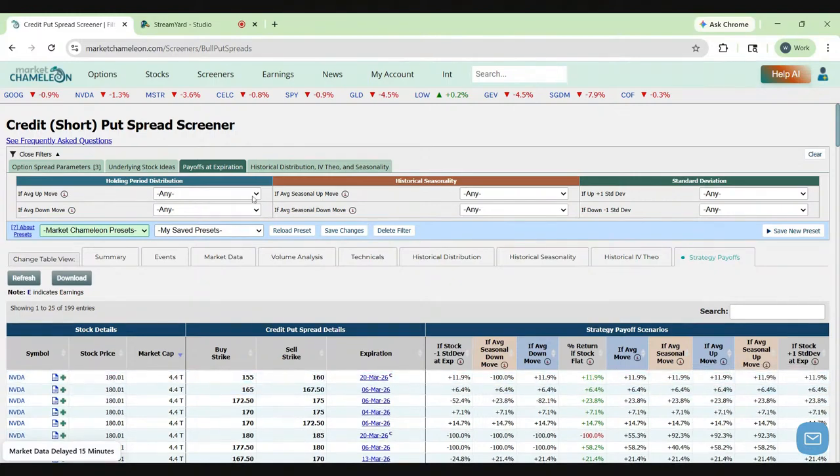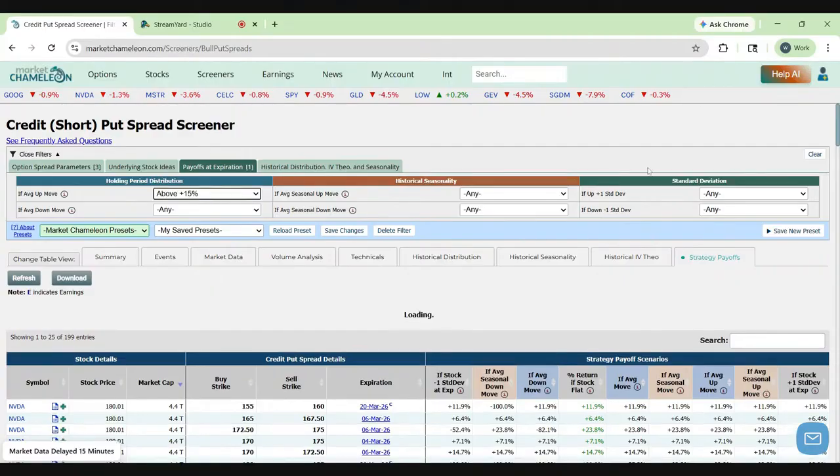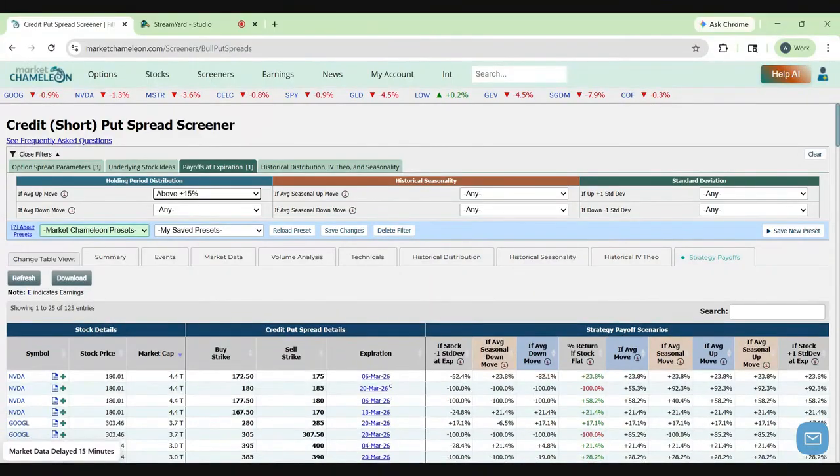So let's say we were looking for a payoff of 15%. So click on that, and then it will return us if the average move is if the stock performs whatever it did historically, when it was up, on average, what would the payoff of this spread be?